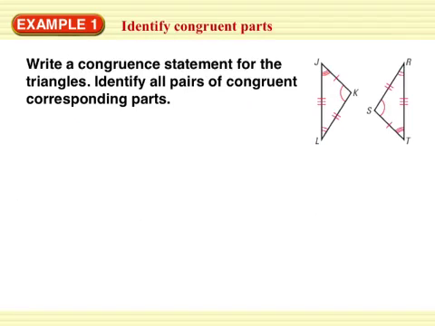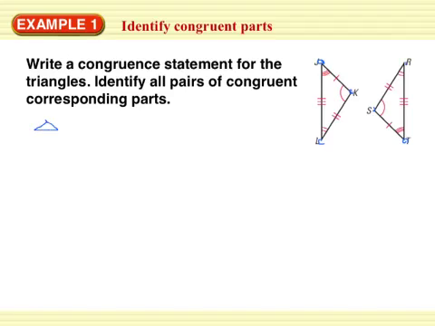Let's try an example. Write a congruence statement for the triangles. Identify all the pairs of congruent corresponding parts. If we look, I'm going to start at single arc, double arc, triple arc, and match that with single, double, triple.